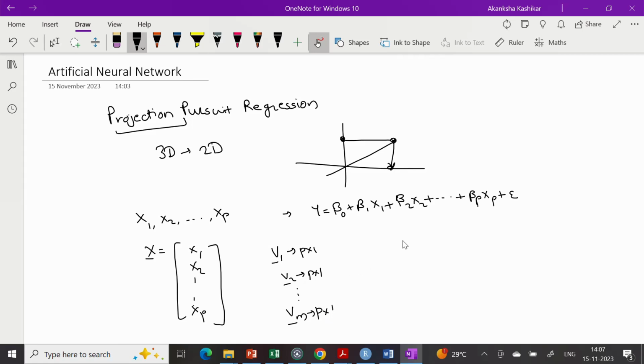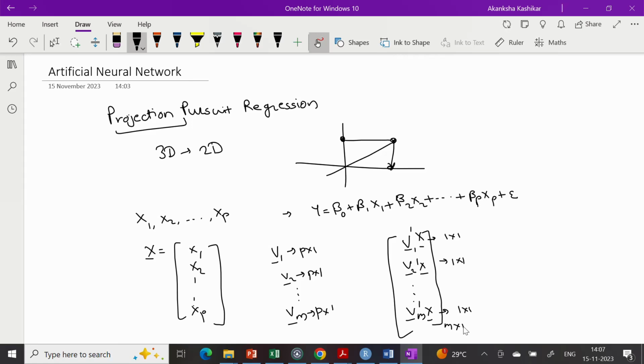Using these, we construct v1 prime x, v2 prime x, ..., vm prime x as a new vector. You can see the dimensions: v1 prime x is 1 cross 1, v2 prime x is 1 cross 1, vm prime x is also 1 cross 1. So finally, this is an m-dimensional vector, an m cross 1 vector.